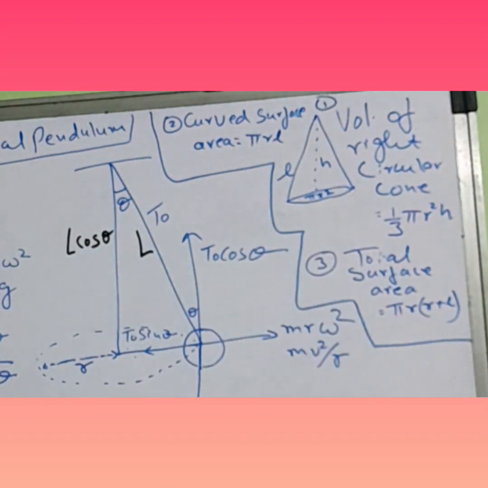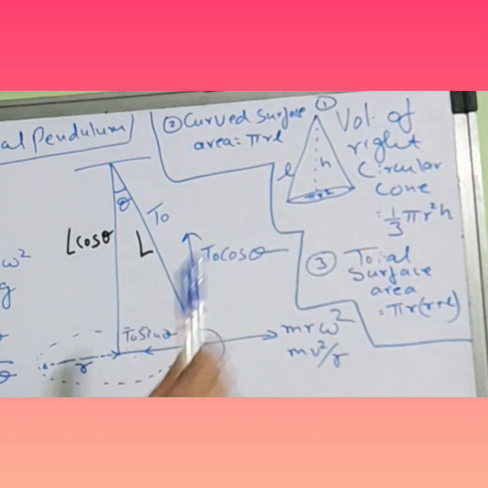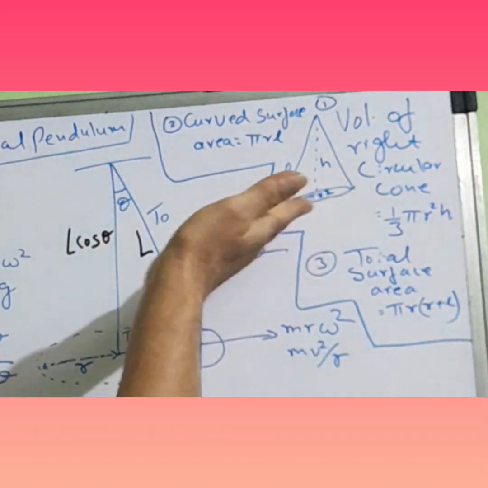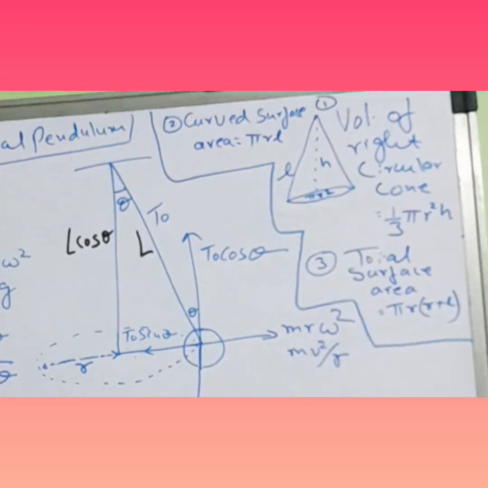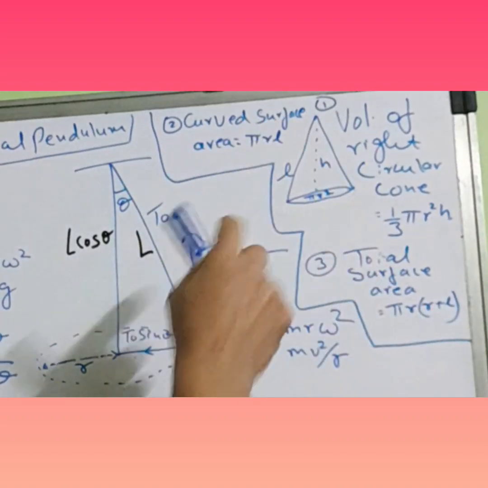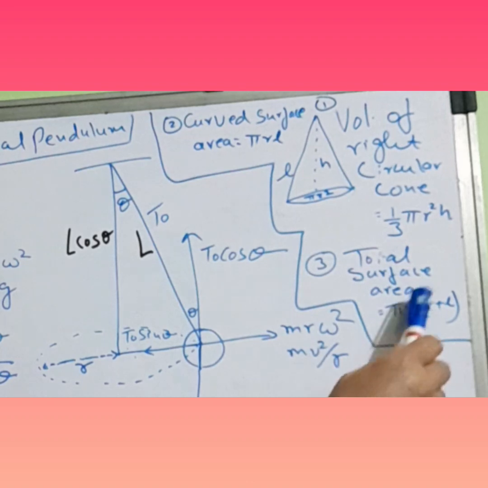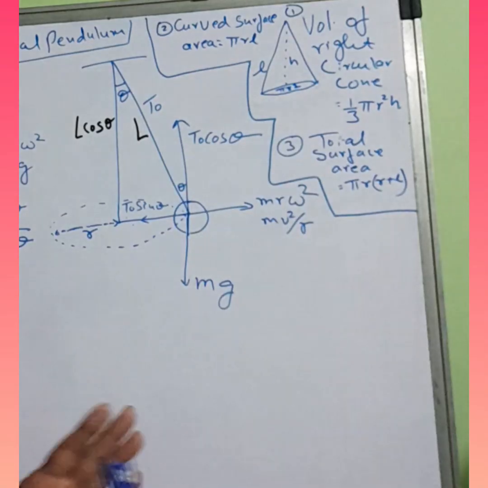Now if you want the total surface area, the curved surface with the circular base included, that would be pi r (r plus L). Why?